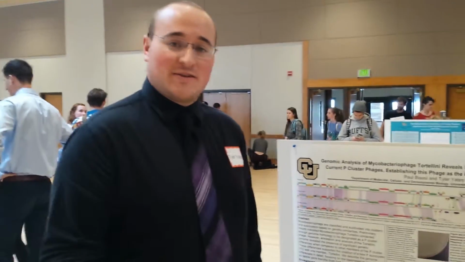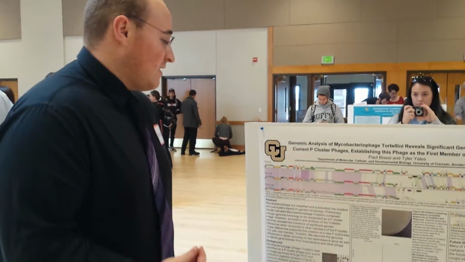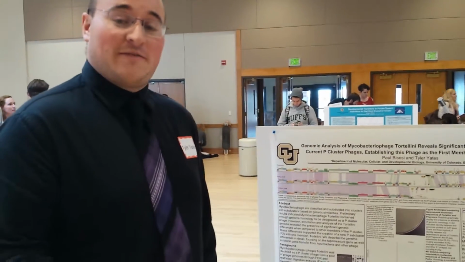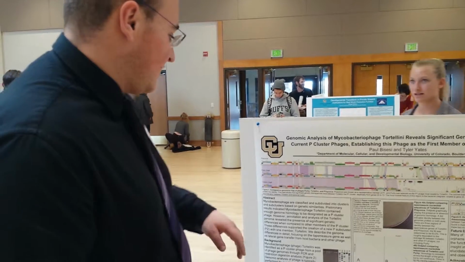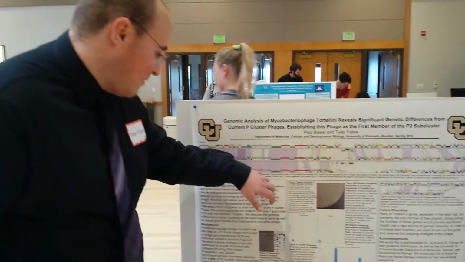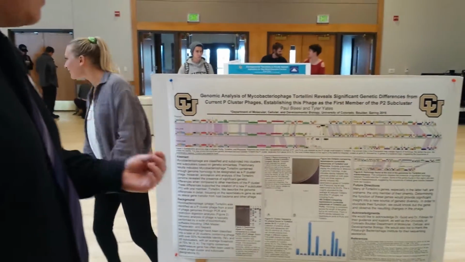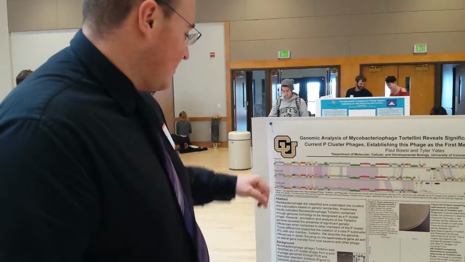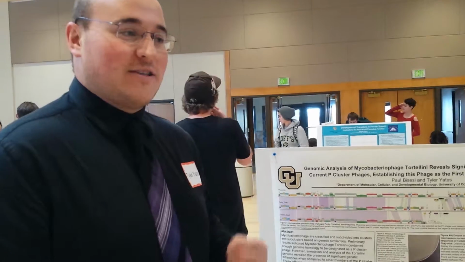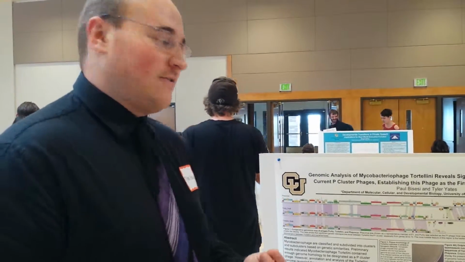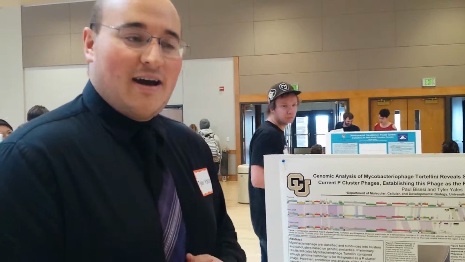There's a paper out there that says cluster and subcluster identifications can be classified by the sequence of tape measure, and when using FAMRater, the FAM that tortellini's tape measure gene belongs to is FAM 7025. The only closely related member is Perky, which has about 90% identity, versus the rest of the P cluster, which has an average of about 50% identity.